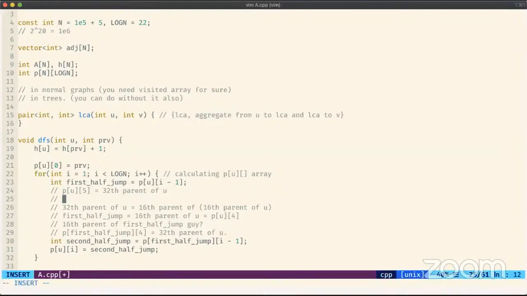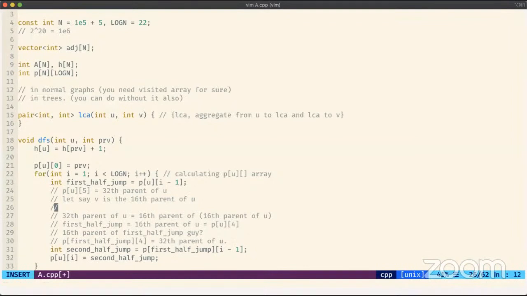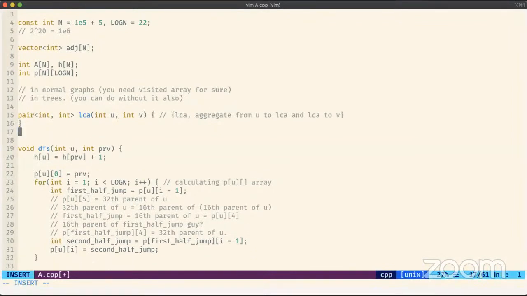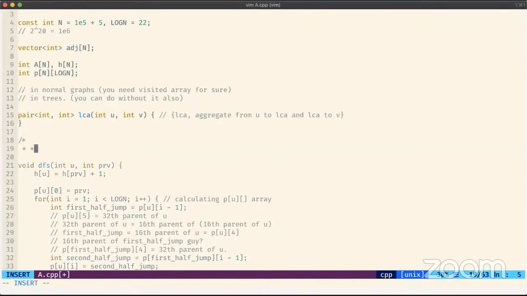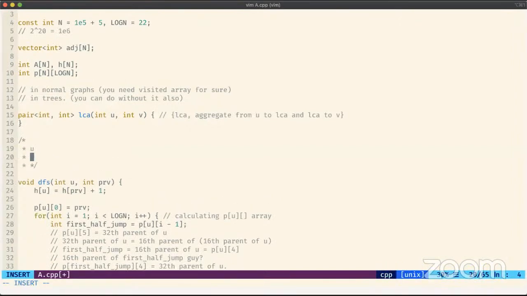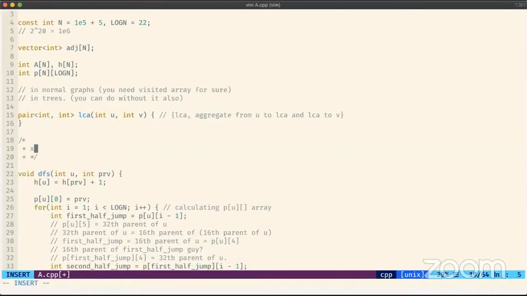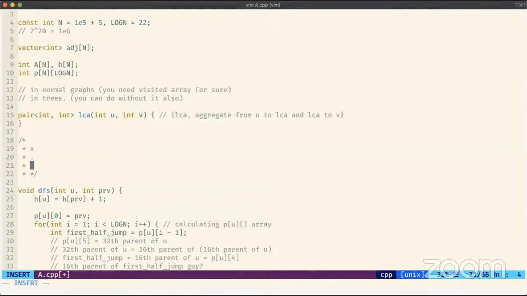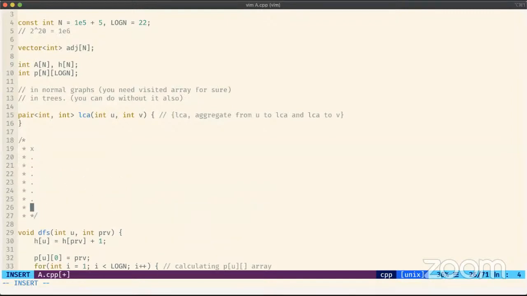Okay, example. Let's say V is the 16th parent of U. I'll draw a rough sketch so that people can get this idea. Let's say this is X, this is V, this is U. Let's say the distance between U and V is 16 and the distance between V and X is 16. You ask who's my 16th parent?